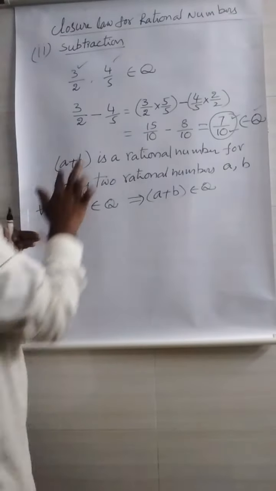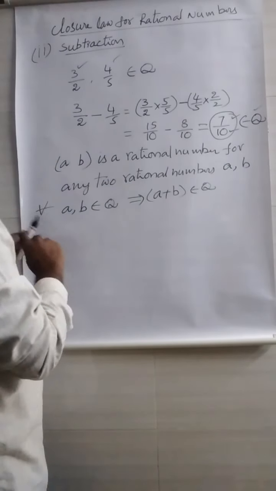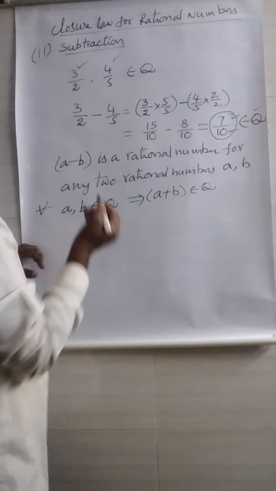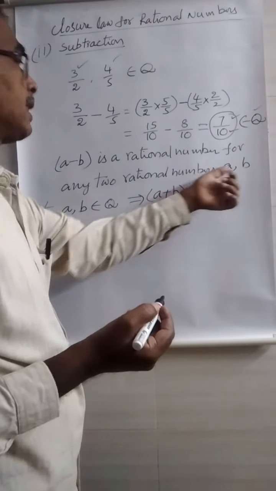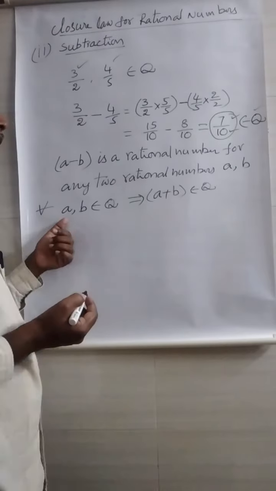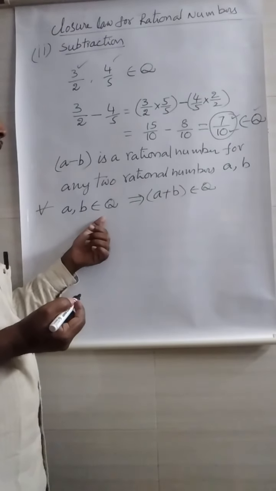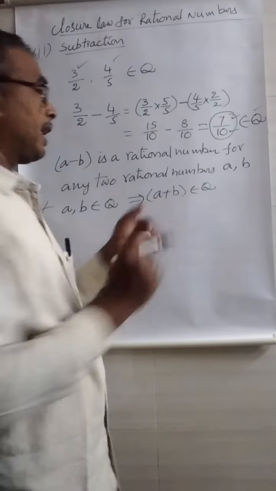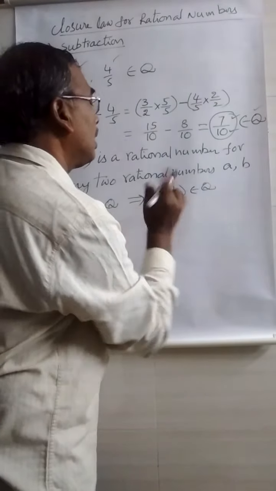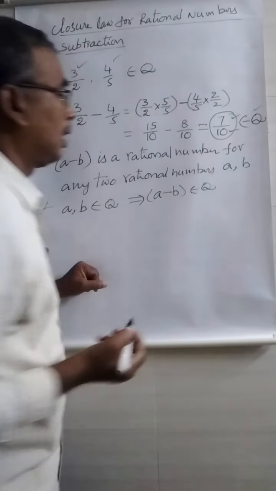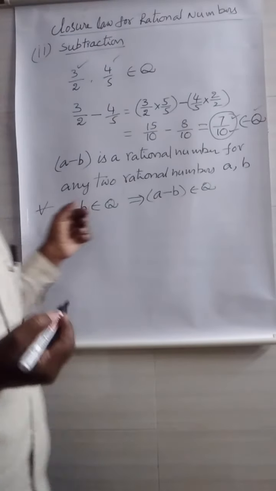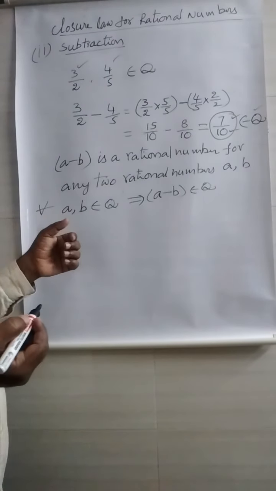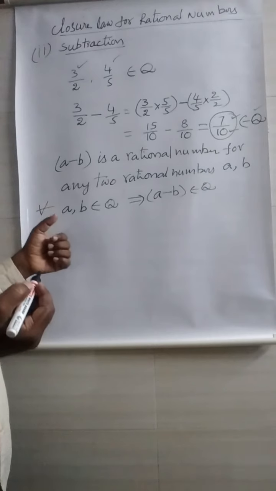So here you write: a minus b is a rational number for any two rational numbers a and b. For all a, b belongs to Q, that implies a minus b also belongs to Q. Once again I conclude it: under subtraction the rational numbers are closed.